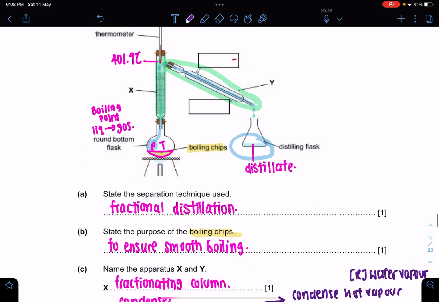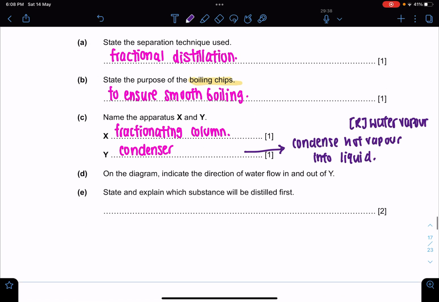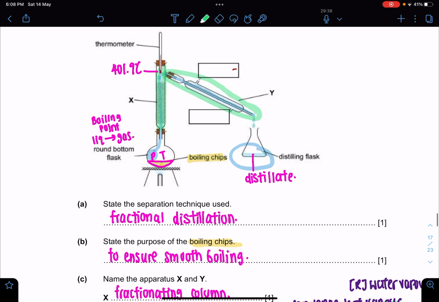You have two substances, pentacosane and triacontane. These are not water. So if they ask you what's the purpose of the condenser, all you've got to say is that it will condense hot vapor into liquid. Now, in the next part, they ask you to indicate the direction of water in and out of Y. You must remember, water will enter from the bottom of the condenser and will leave at the top.